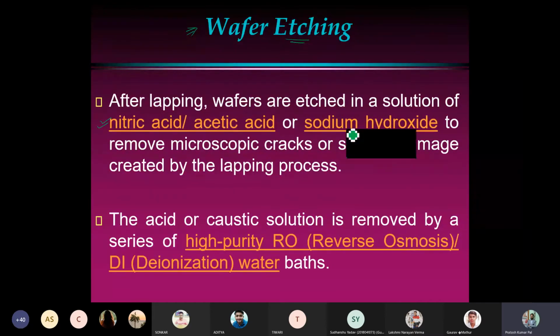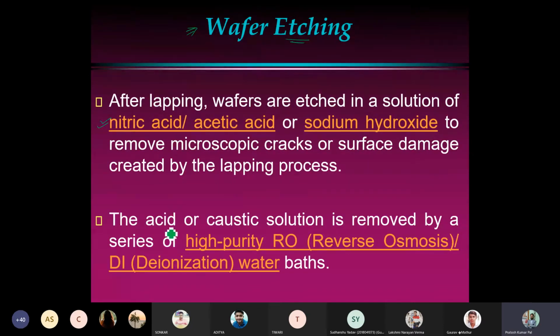Okay, so once we have done this etching, there is another step, like we will be using the acid or any caustic solution to remove a series of high purity reverse osmosis or deionization water bath.